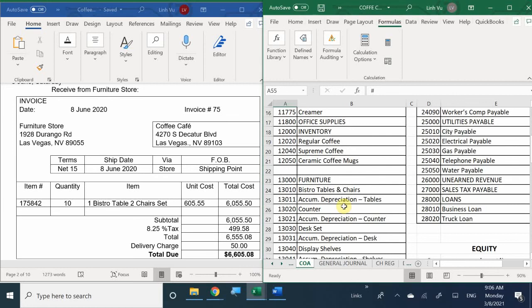Yes. All right, what number is it? 13010. Yes, 13010.